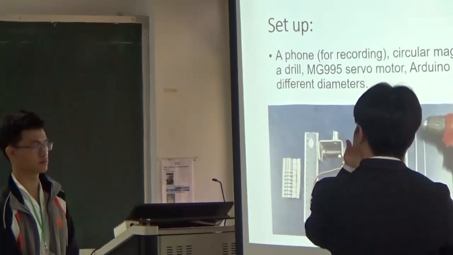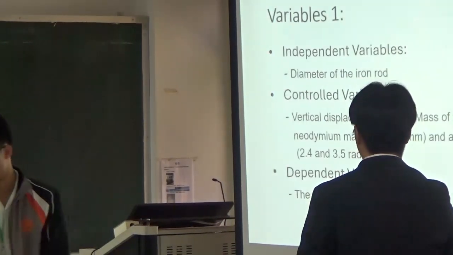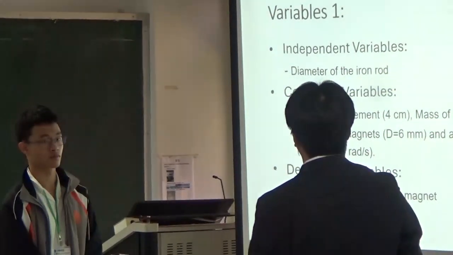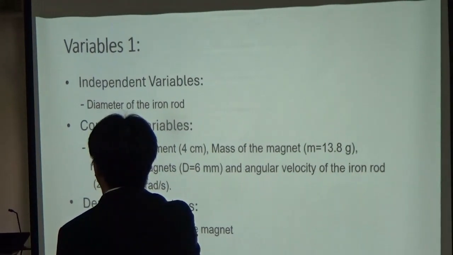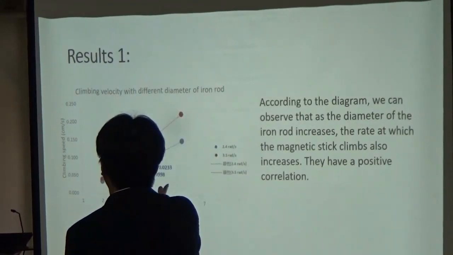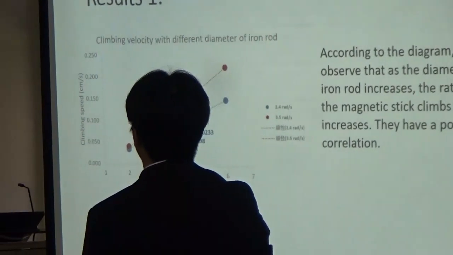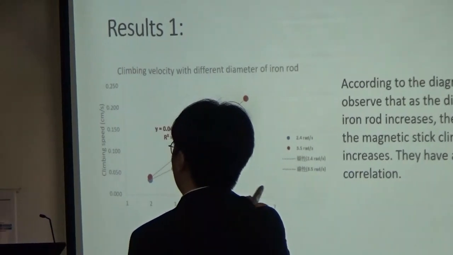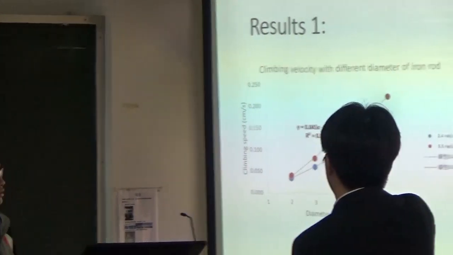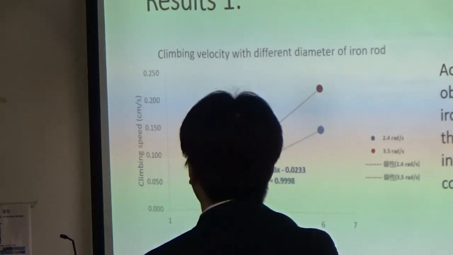Okay, can you show me your experiment, variable one? Here you use the diameter of the iron rod. And your result shows that the bigger one can have a bigger climbing velocity. So can you try to explain why you have the positive relationship? Why will the iron rod with a bigger diameter also have a bigger climbing speed?